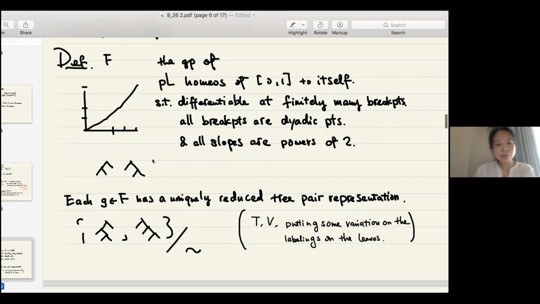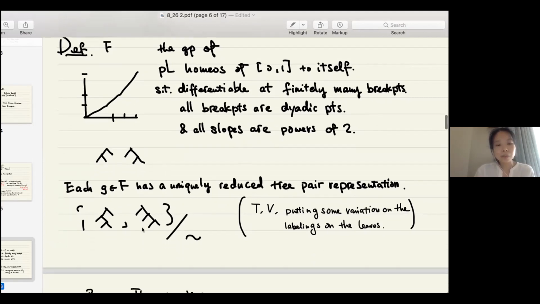But this is not really unique, in the sense that we could add a pair of carets or delete a pair of carets, but they're not going to change the piecewise linear function here. So for all those tree pairs, we quotient out by some equivalence relation.